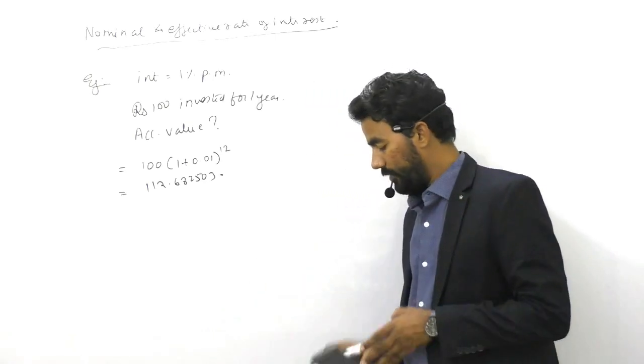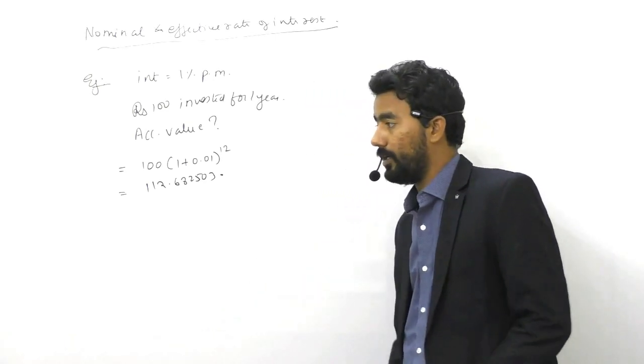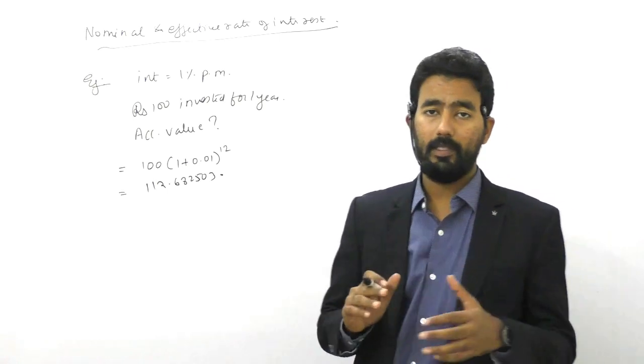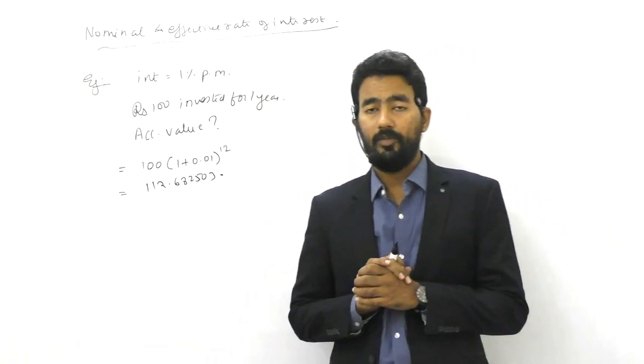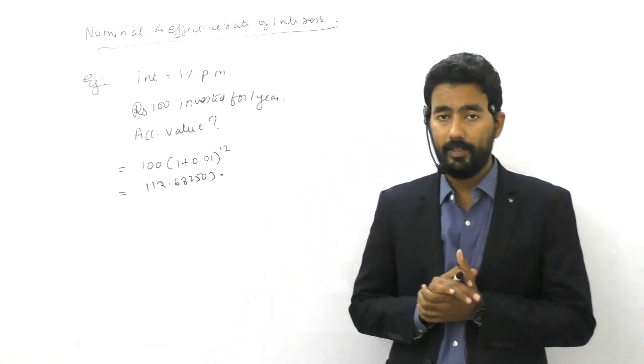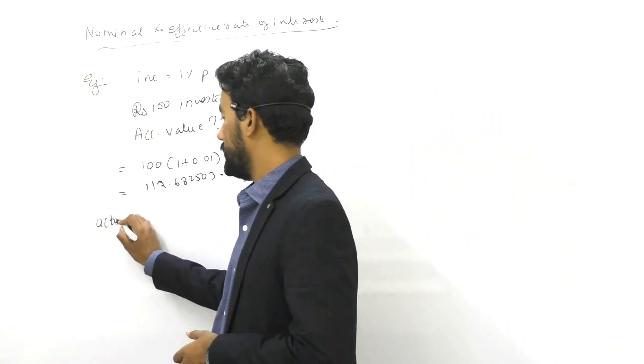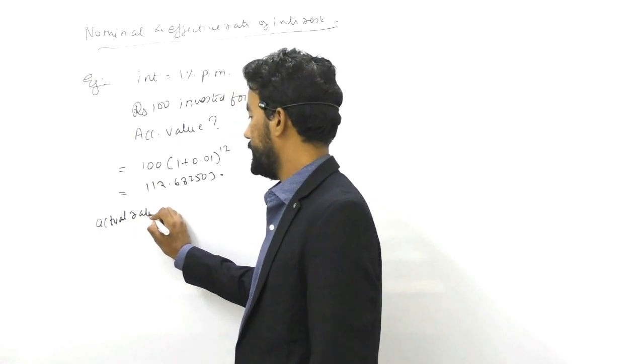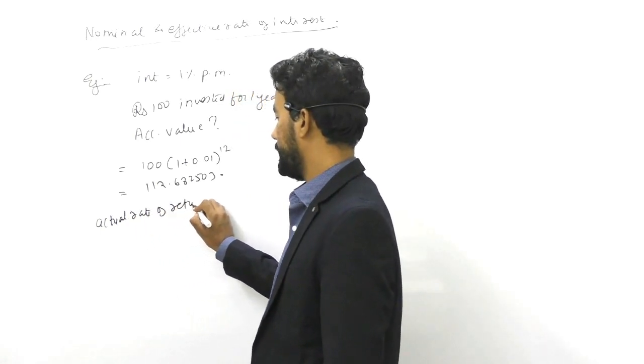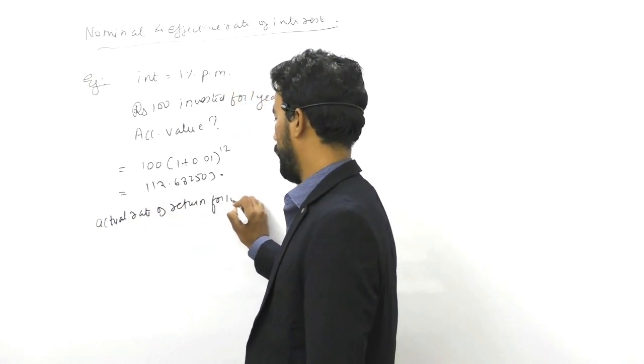So the person had invested at 1% per month and he kept his money invested for 1 full year. Now by the end of 1 year, how much returns has he actually earned? So we can check the actual rate of return for 1 year.